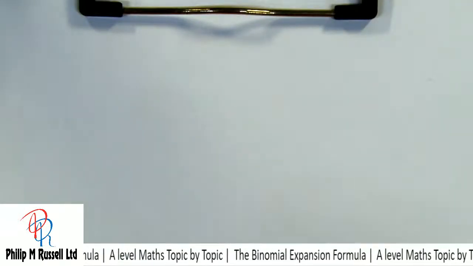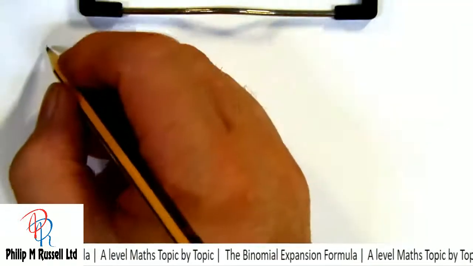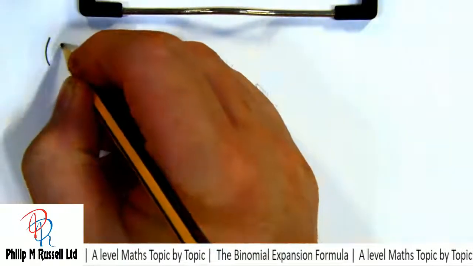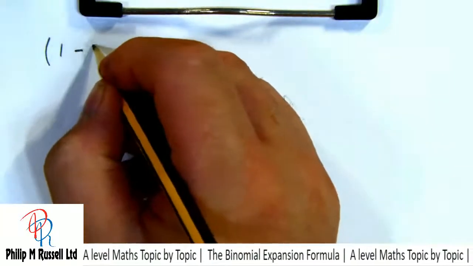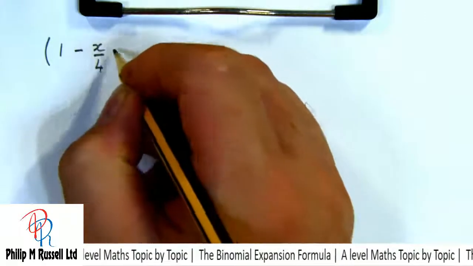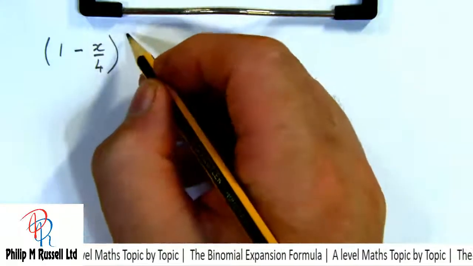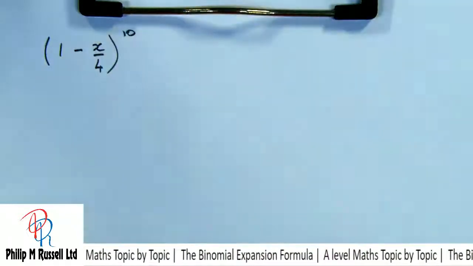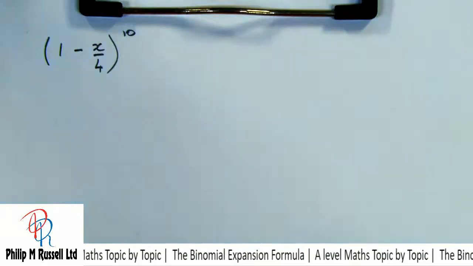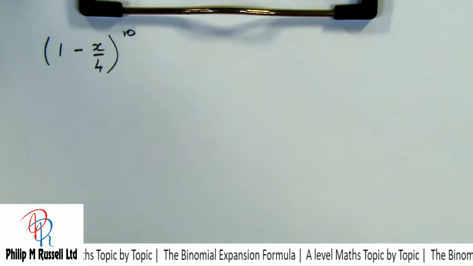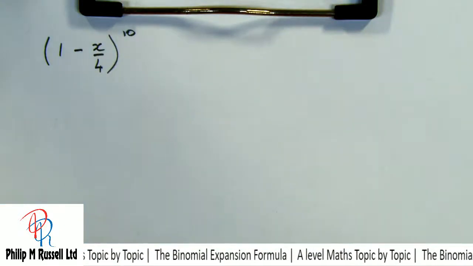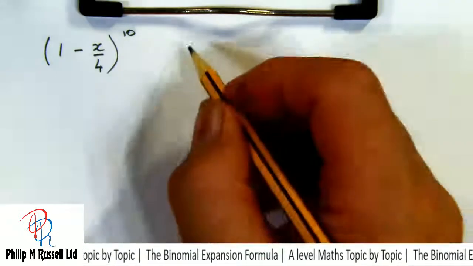So looking at something, we might have something like 1 minus x over 4 to the 10. There's a typical function that you might get, and we're looking at the first perhaps 4 terms.